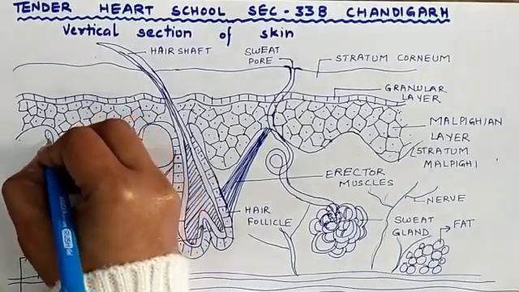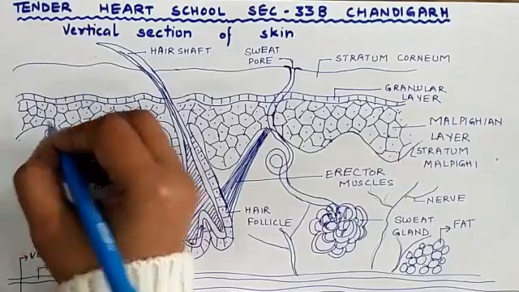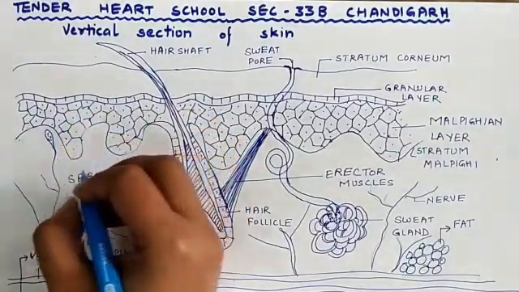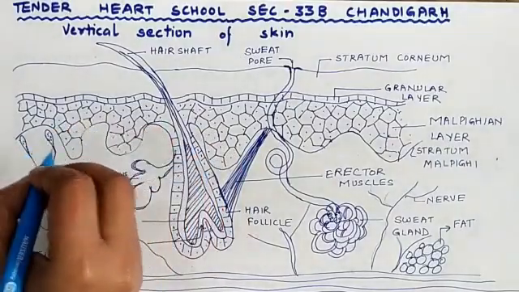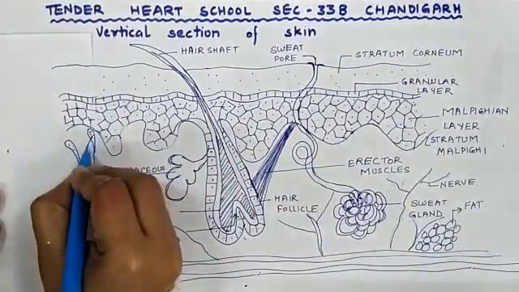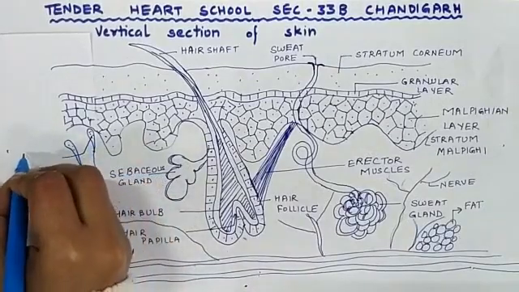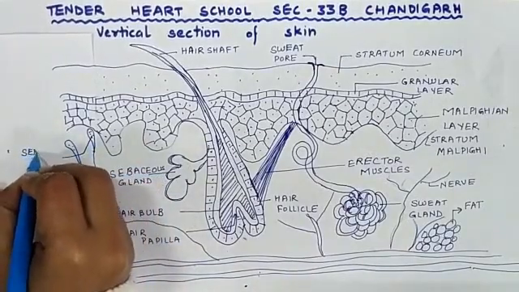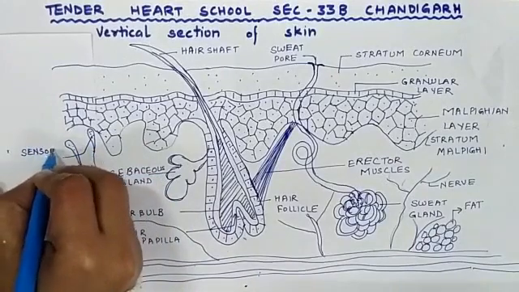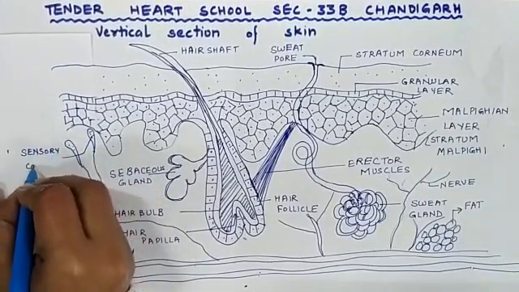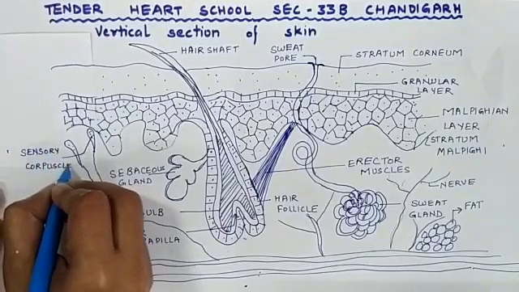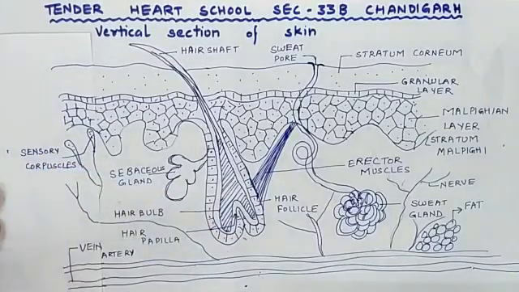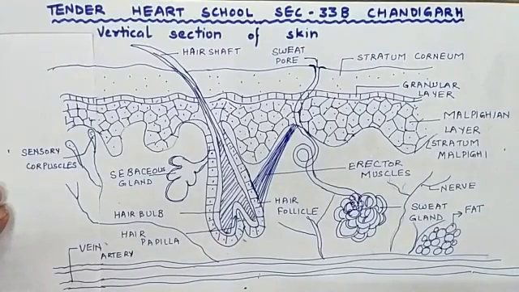So these are all sensory corpuscles which may be present at various places which are giving you sensations. These are sensory corpuscles. So that's all about the vertical section of skin, children.